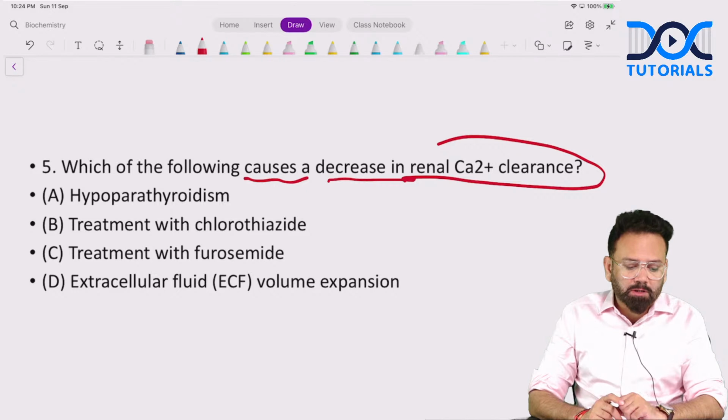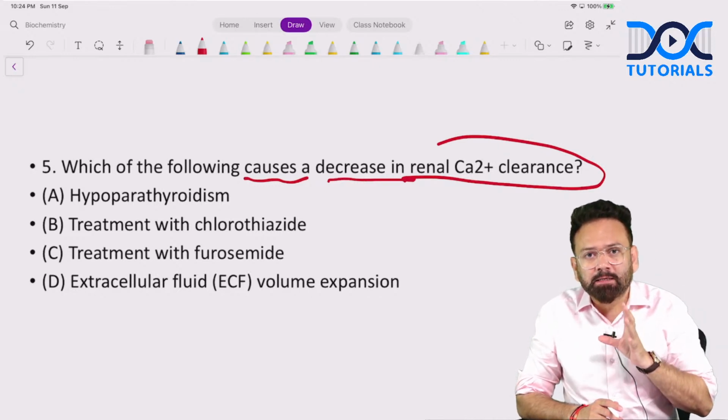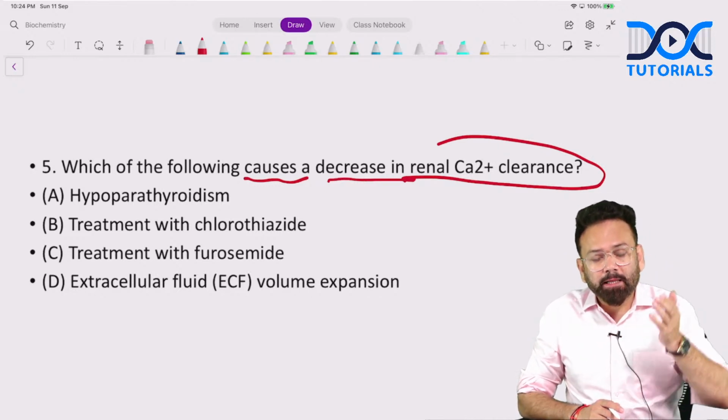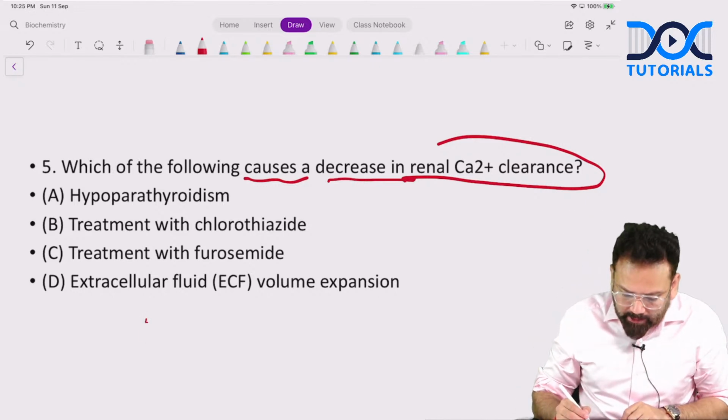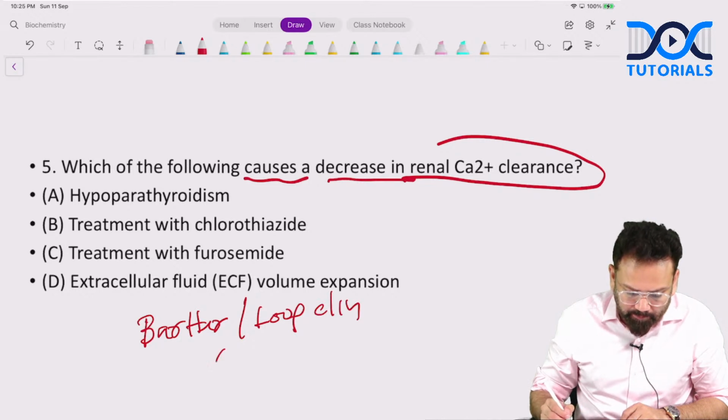Which will cause decreased renal calcium clearance? You know, furosemide increases calcium clearance and thiazide decreases it. In Bartter syndrome and with loop diuretics, both increase calcium clearance.